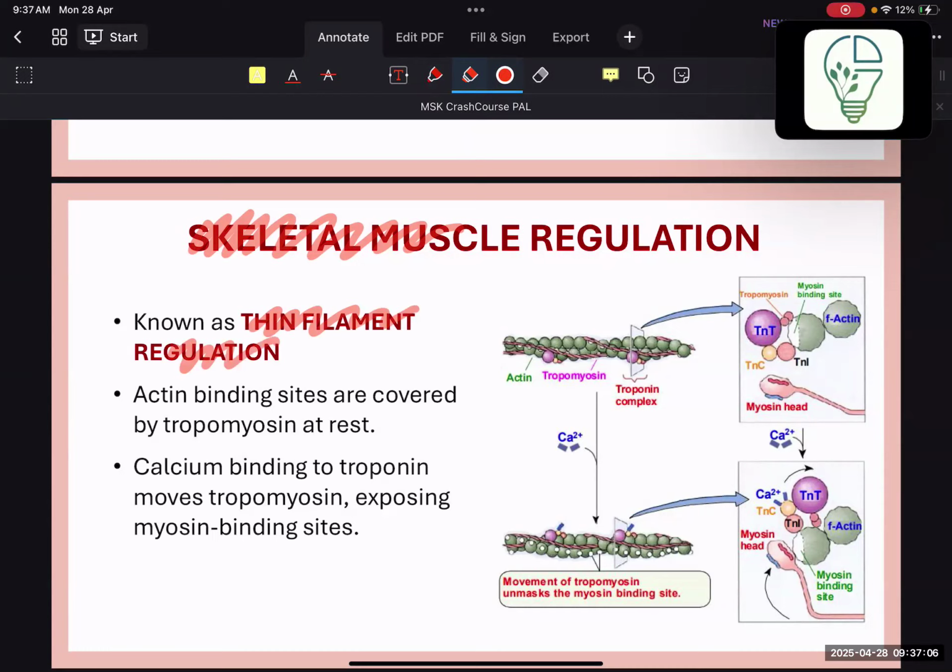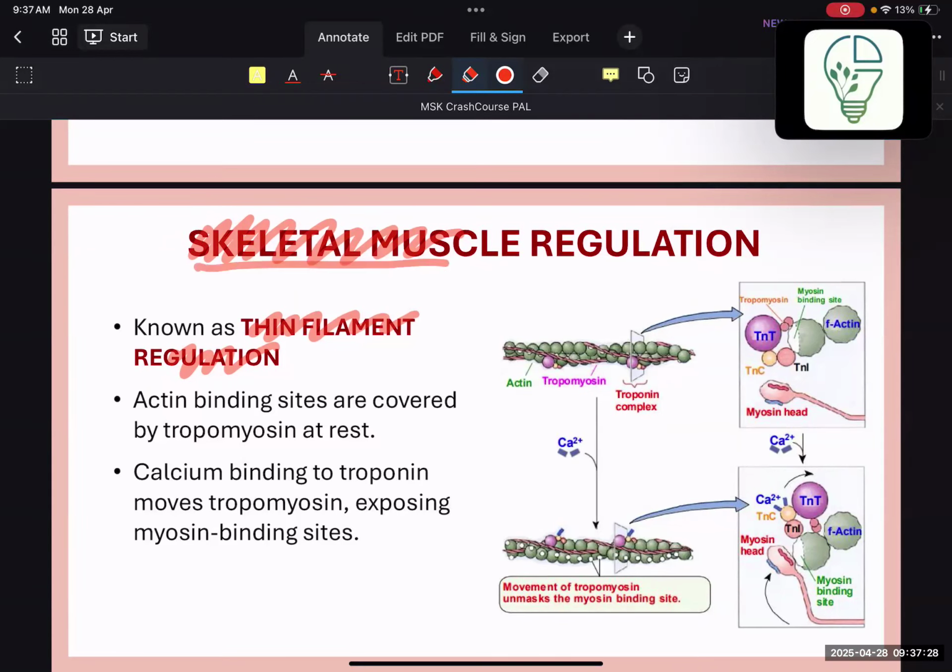Okay, so when you're at rest, the tropomyosin is covering the myosin binding site, and it's preventing the myosin head from binding to the actin. Again, myosin is ready to bind to actin. It has the ADP and P. That's all you need for you to bind the myosin head to actin. But the issue is the binding site is hidden by tropomyosin. So this is thin filament regulation, and it's specific to skeletal muscles.